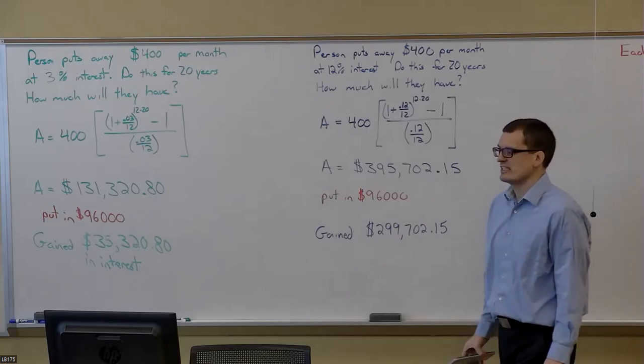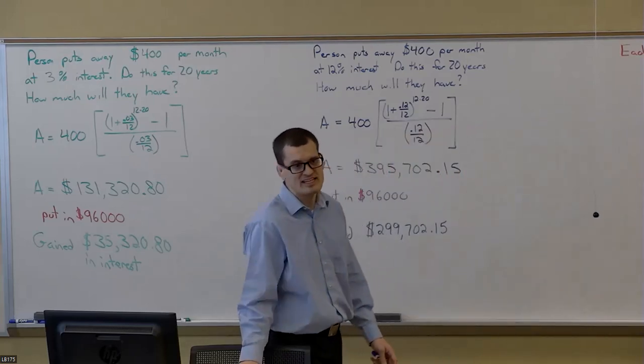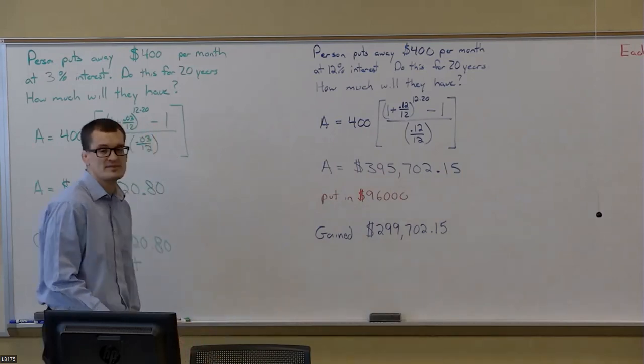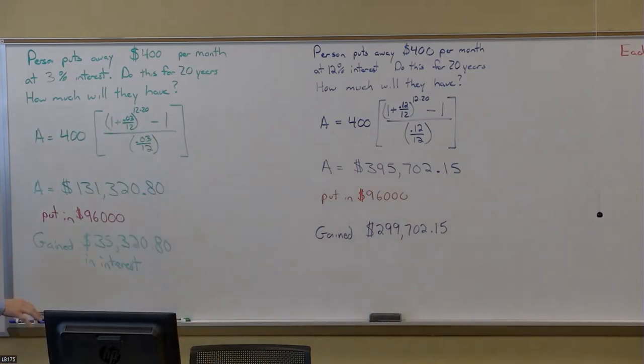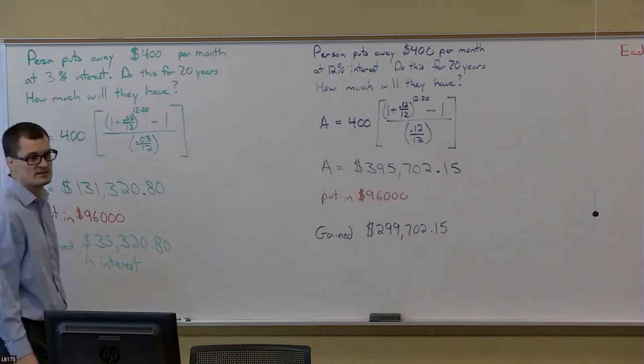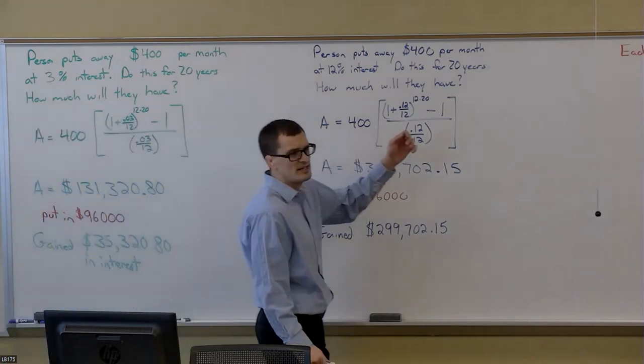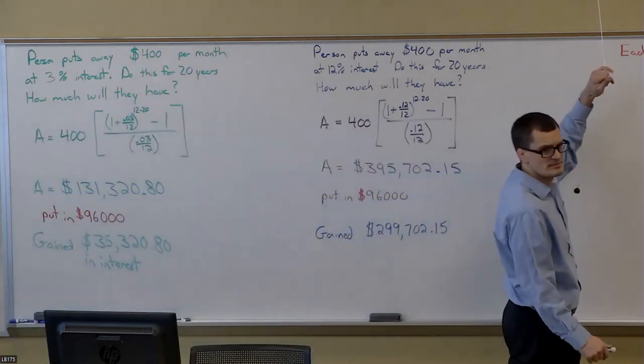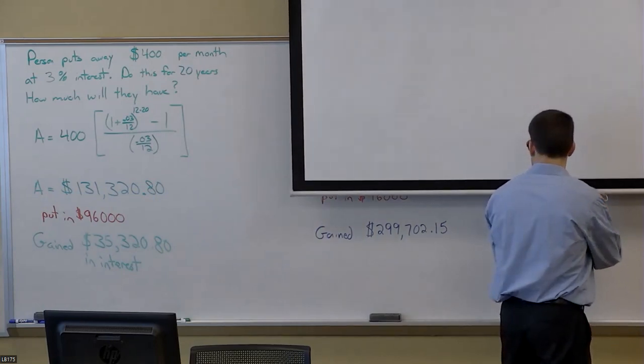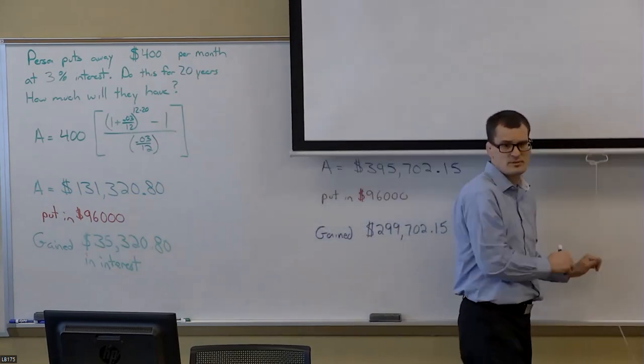So changing the interest rate, just like it did with the lump sum, caused a bigger change than the factor that we raised the interest rate. Is that okay? Everybody have that written down?